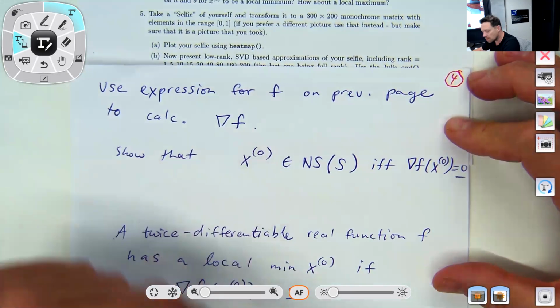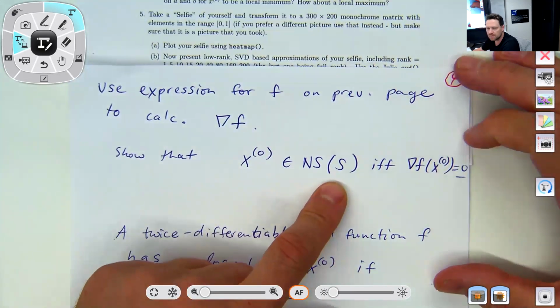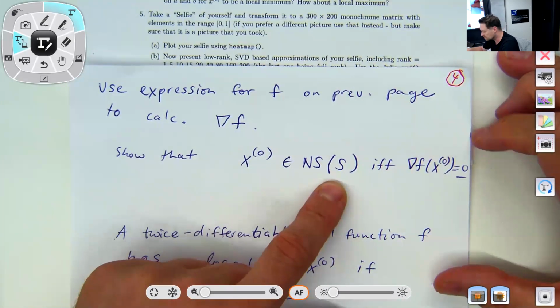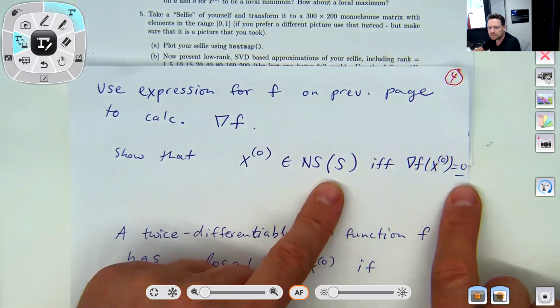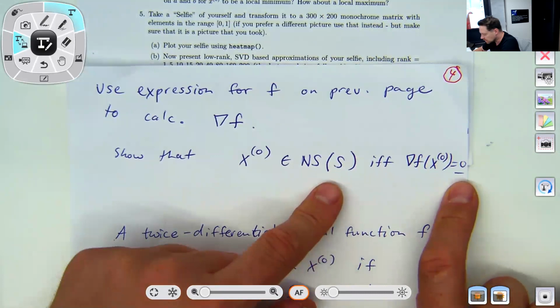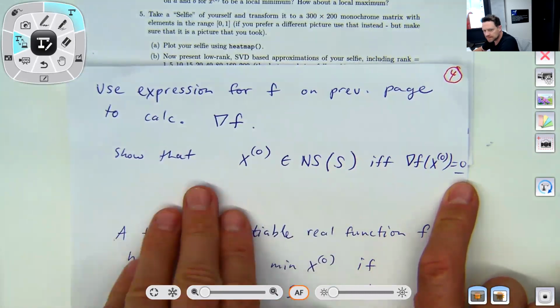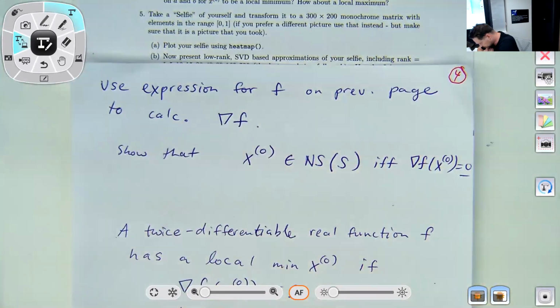Then you could show that x superscript 0 belongs to the null space of the matrix S if and only if the gradient vector at x superscript 0 is the 0 vector. That's an interesting point. You might find it useful, you might not, but consider that, and I suggest you try it.